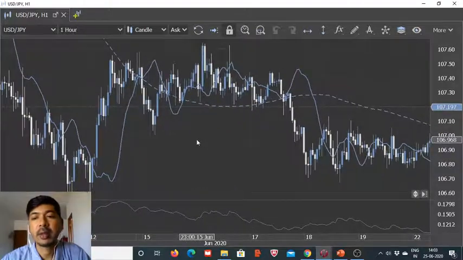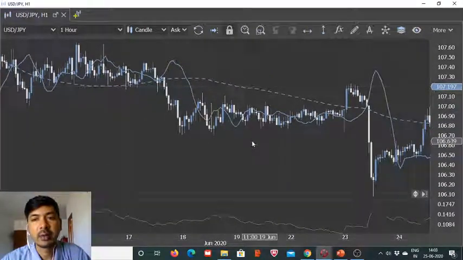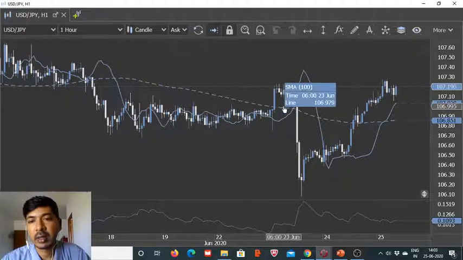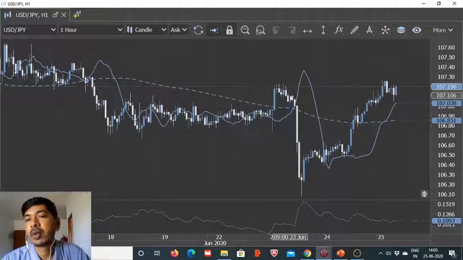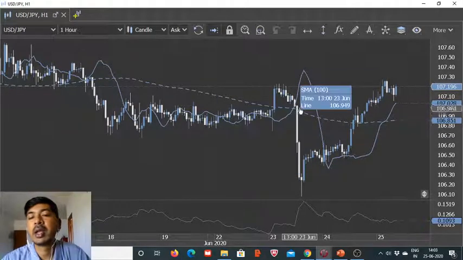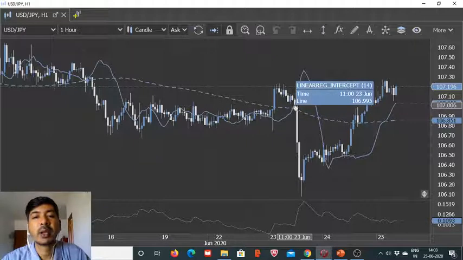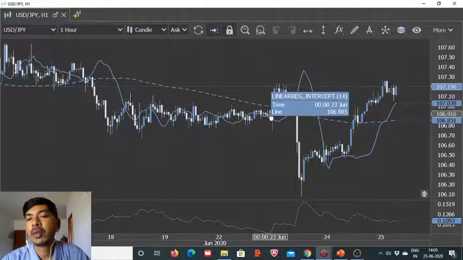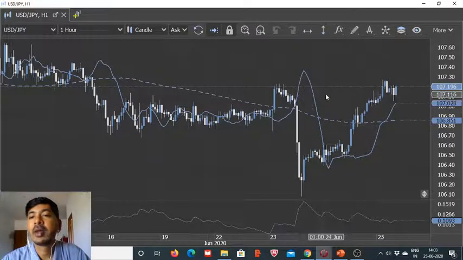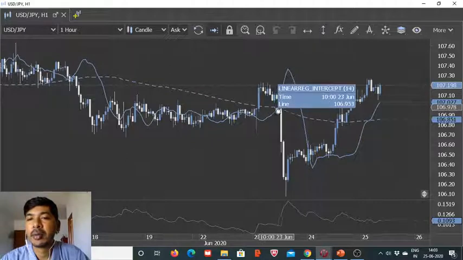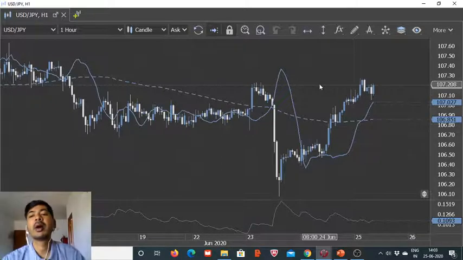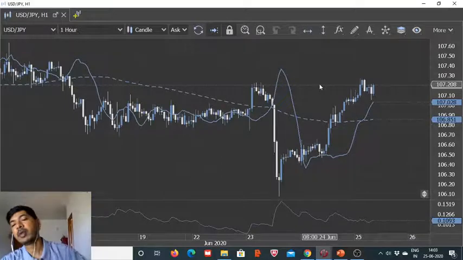So that is for the buy side, and for the sell side we will want the last hour close to have been below the linear regression intercept, and as I said, the volatility at least 40% of the daily ATR, and the hourly close 10 hours back should have been above the linear regression intercept, and also the last 3 hours maxima above the 100 SMA. So that will be our prerequisite for the buy side and the sell side trades respectively.